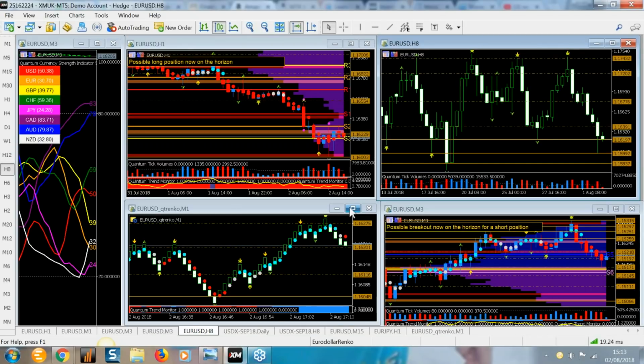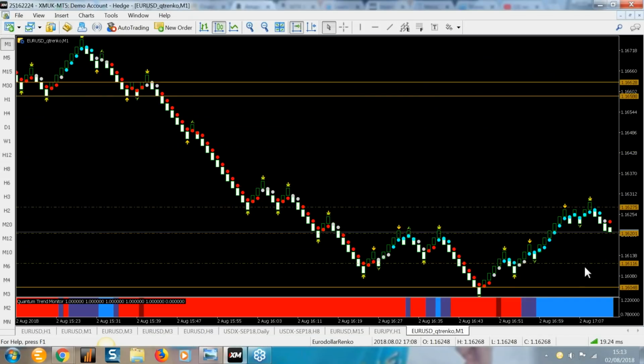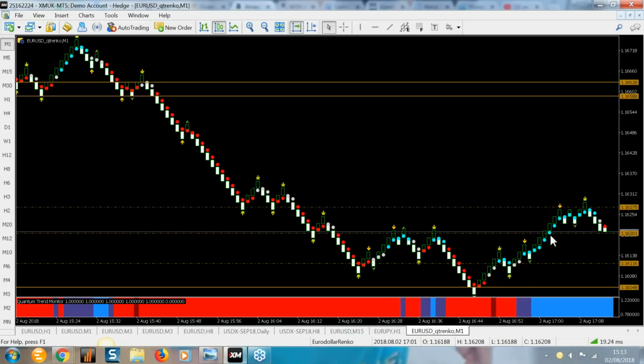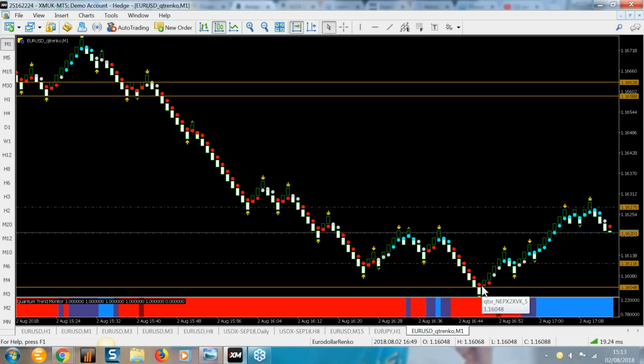How that is reflected, as I said, in the Renko chart, that's been the move lower. Then we had a little bit of congestion. We always have a little bit of congestion, and this is this little move. This is actually the tail, the wick of that candle, and it's at 1604.